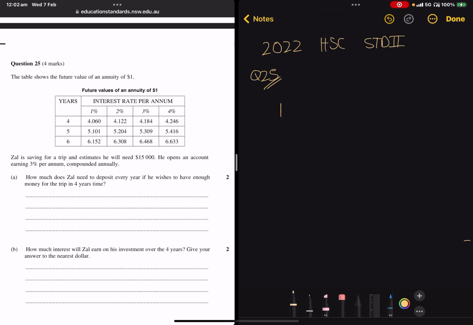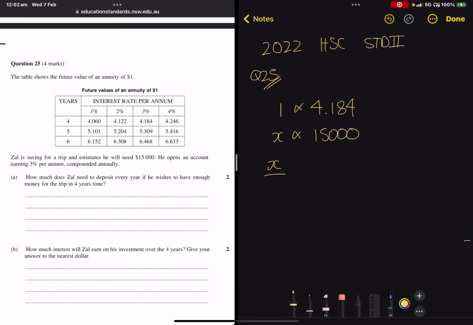If he deposits $1 each year, he will end up with $4.184 at the end of the 4 years. So he needs to deposit X dollars to end up with $15,000 at the end of the 4 years. We can think of this as a pair of ratios.